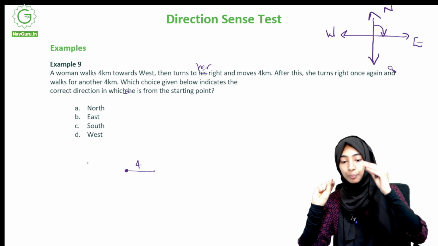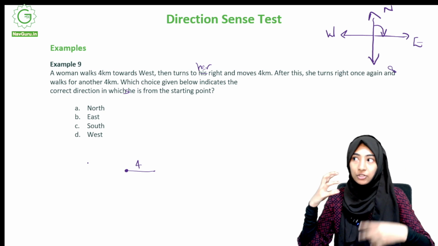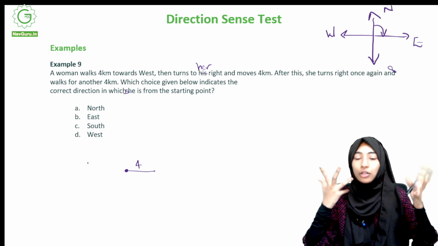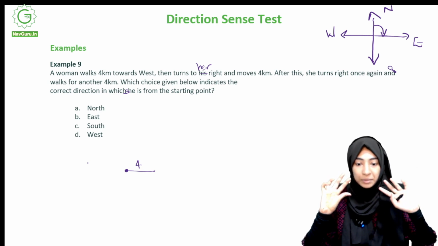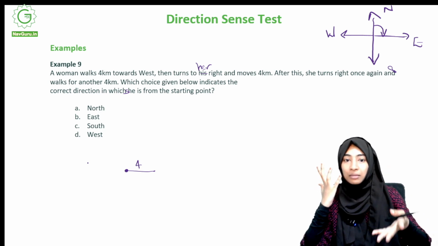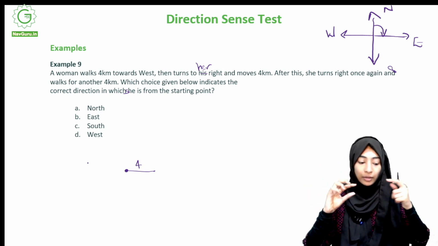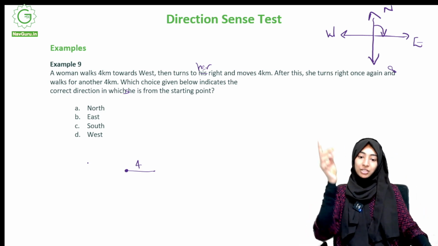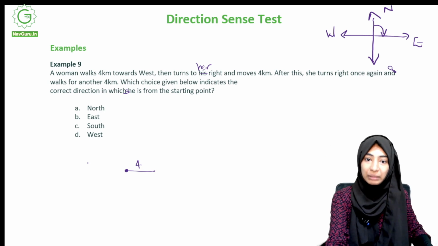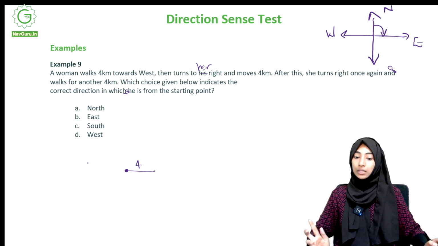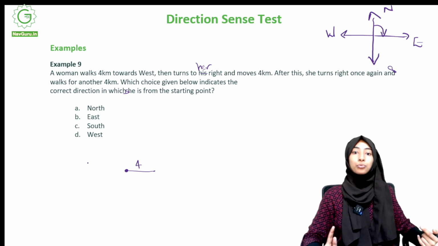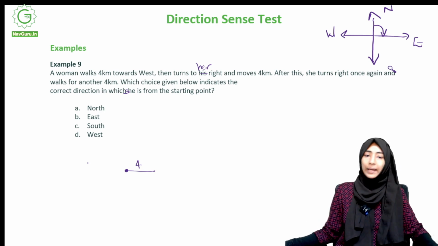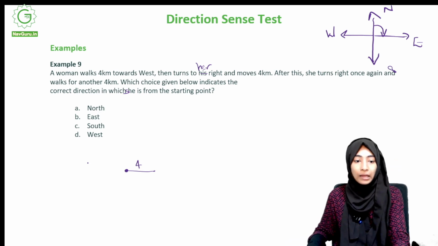But when you actually put yourself in the position of this woman and imagine, okay, if I was here, where will I be? It helps with a lot of skills. Maybe it's spatial ability, I don't exactly know what skill comes under, but it helps because you're imagining yourself on this piece of paper, right? So I would suggest you to start using method 1, but if method 2 is what works, well and good. Not an issue.